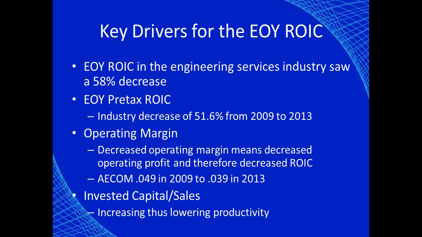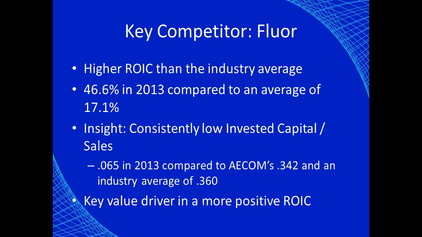So when it decreases, then so does the ROIC. For example, AECOM's operating margin decreased from 0.049 in 2009 to 0.039 in 2013. And then finally, the increasing invested capital over sales pretty much across the industry was lowering productivity and thus decreasing ROIC.